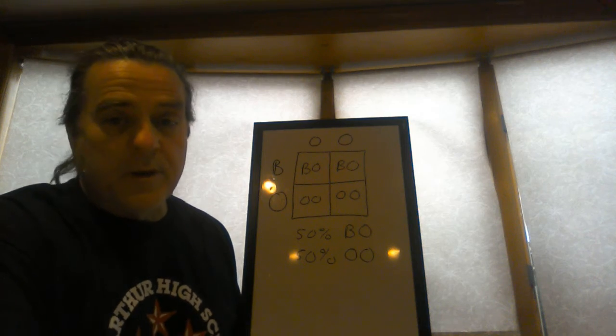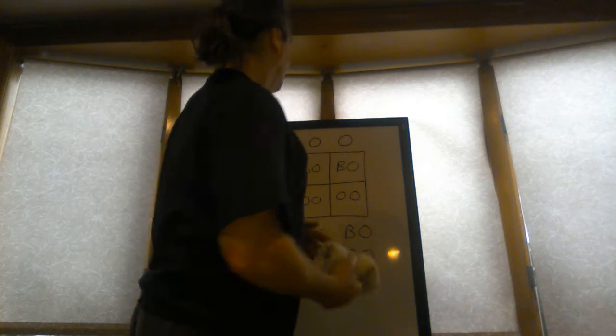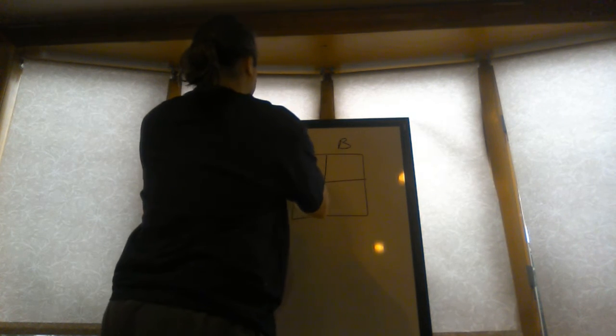And the last one, number 28, just let me clean my board. This is the work that you were supposed to show, by the way, when it said show the work. In this scenario, it's a woman with blood type AB marrying blood type O. So we draw another square. And then it's AB versus OO.